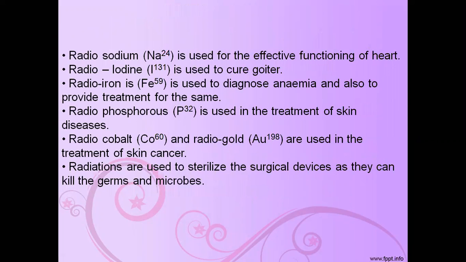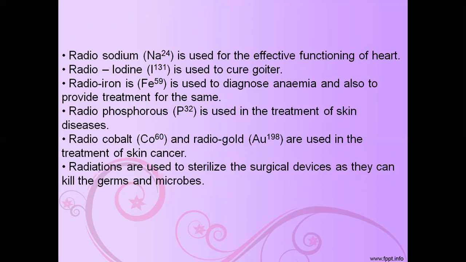Radiosodium Na-24 is used for effective functioning of the heart. And radioiodine I-131 is used to cure goiter. Next, radioiron is used to diagnose anemia and also provide a treatment for the same.